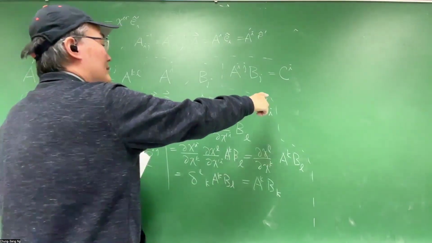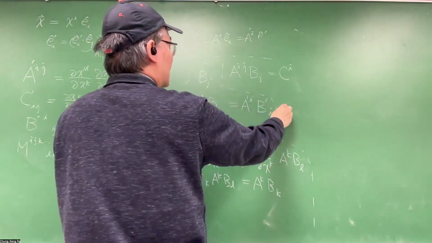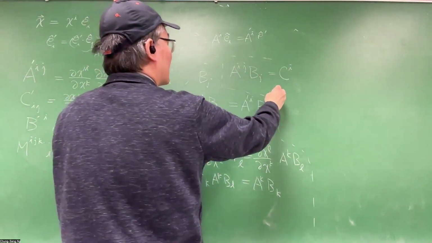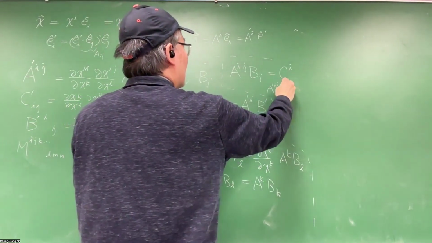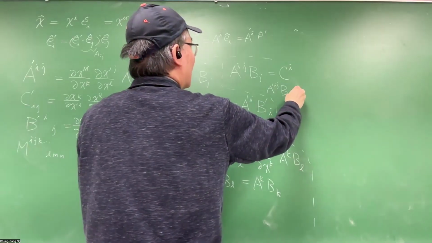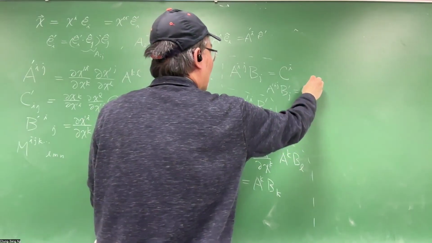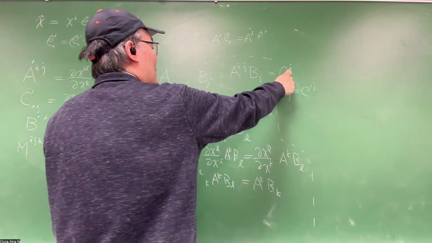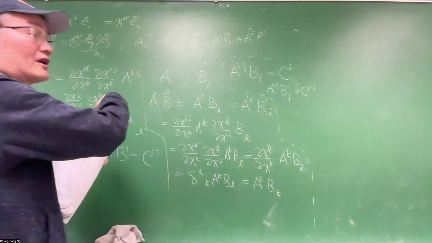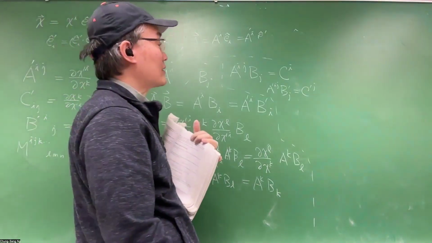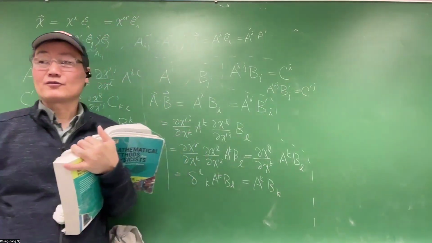Just substitute the transformation. Then from C, how you transform C^i and C_j follows the same rule as a contravariant vector, and this object is also transformed according to the same rule.